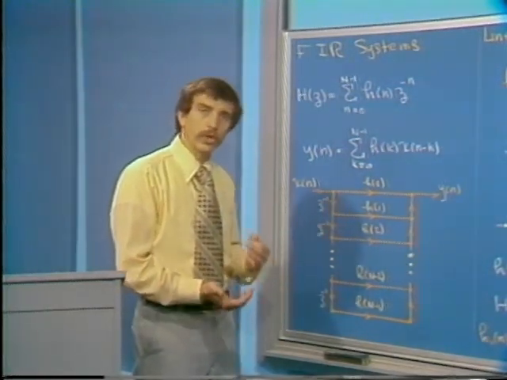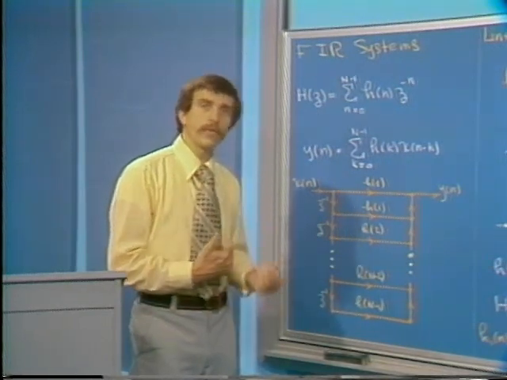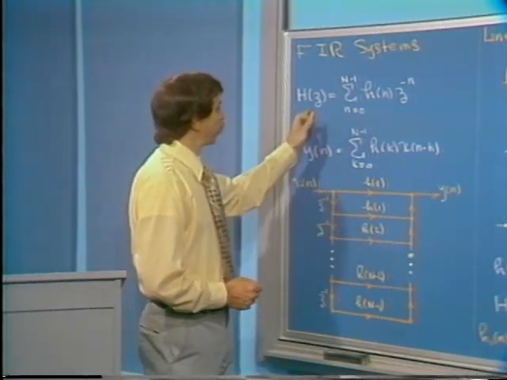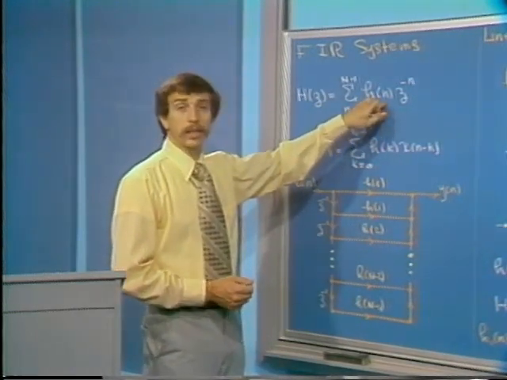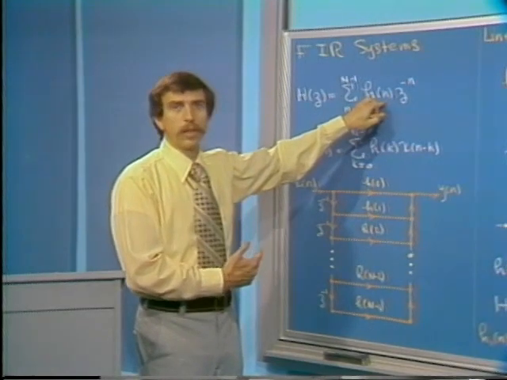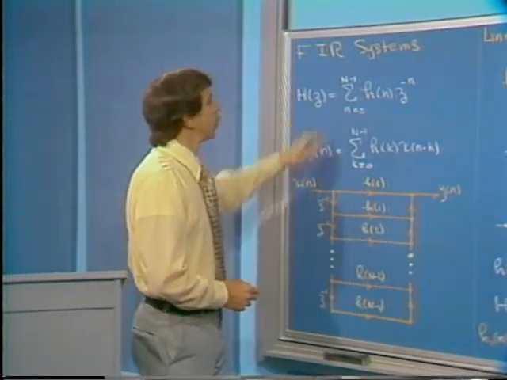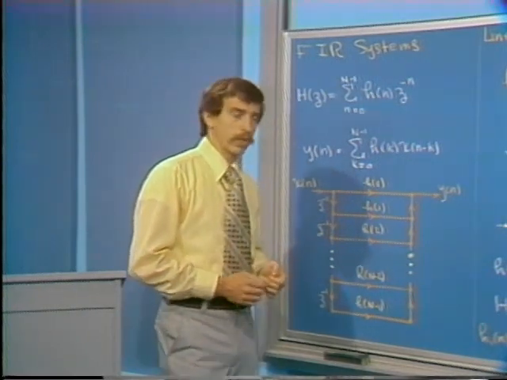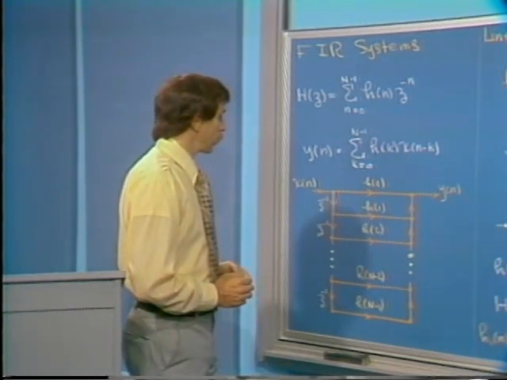We could also talk about a cascade form realization of a finite impulse response filter simply by factoring this into a product not of poles and zeros, because of course there aren't poles for a finite impulse response system, but as a cascade of zeros, either implemented as first or second order sections.